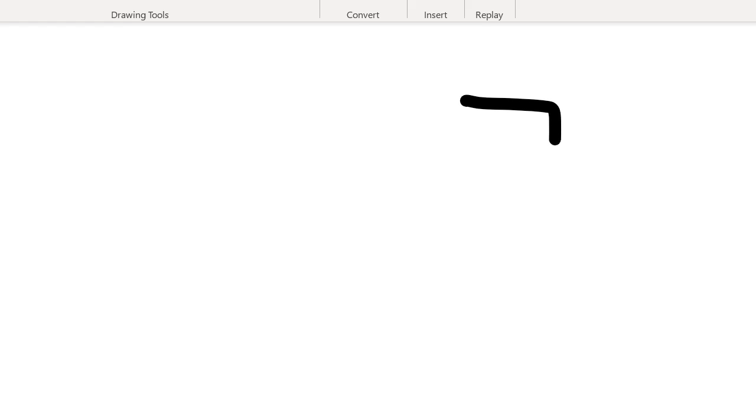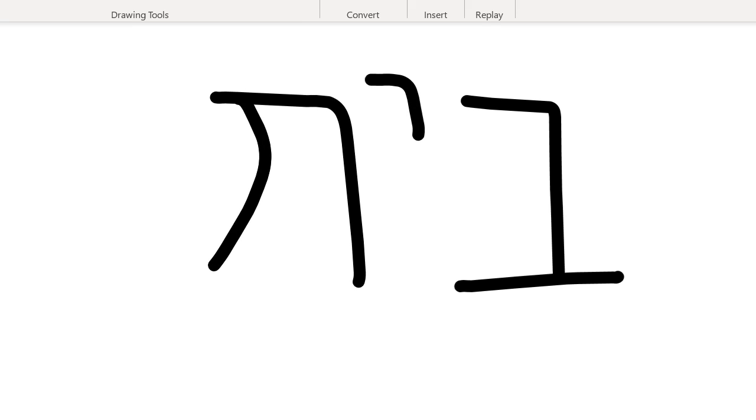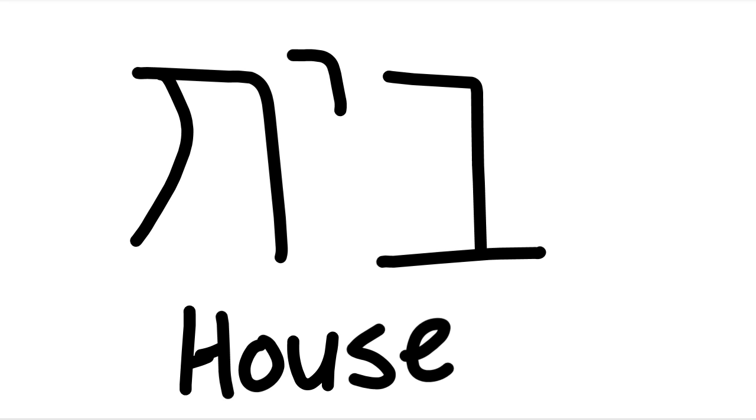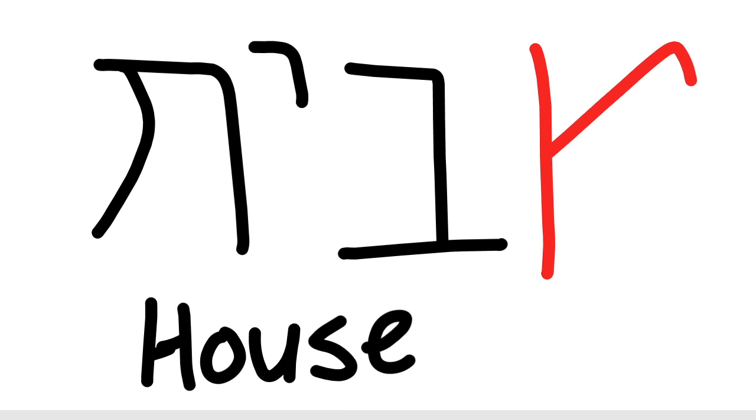So we're going to start off with the word Bayath, which means house. Noun. We are going to add the prefix ma, which means from.